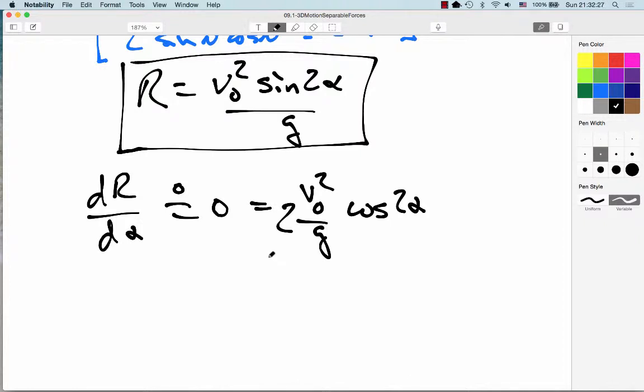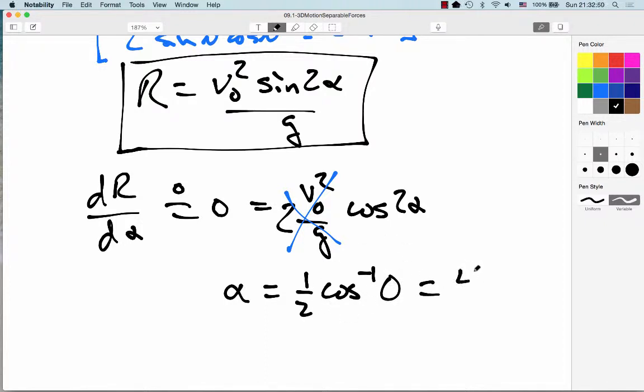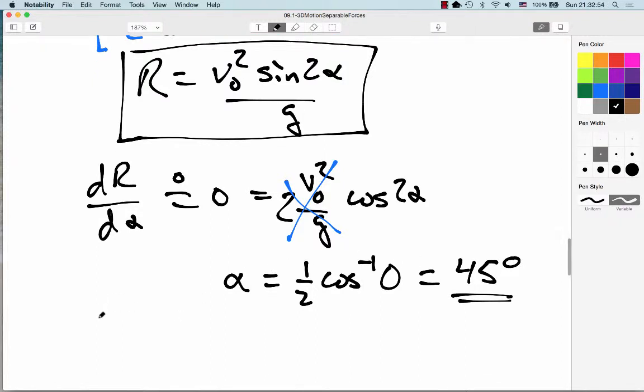So we can solve for alpha. We can just divide all these constants into the 0, and we are left with alpha is equal to 1/2 of the arc cosine of 0. Well, the arc cosine of 0 is 90 degrees, so it is 45 degrees, whichever way you want to slice it.